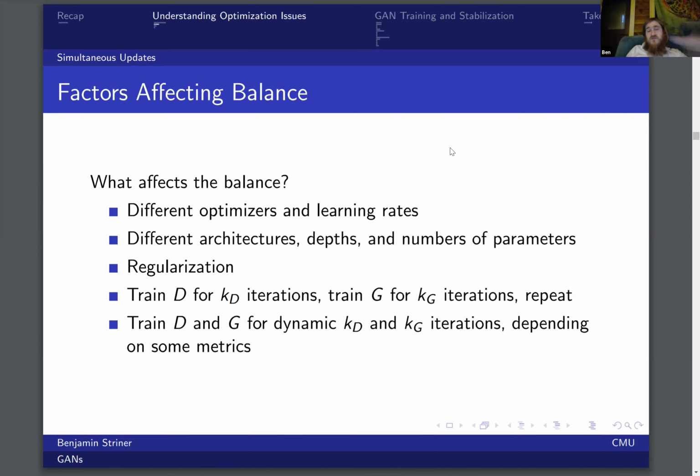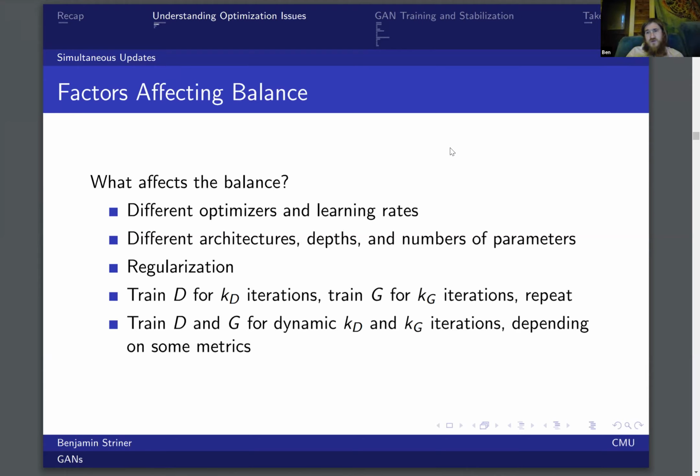Another way you can directly affect the balance is you can train more often or less often for the other. So let's say you were to do, I'm going to do 1 step of my generator and then 5 steps of the discriminator. That would keep my discriminator ahead of my generator while still doing them at the same time. So there are all types of things that affect how fast one versus the other happens.